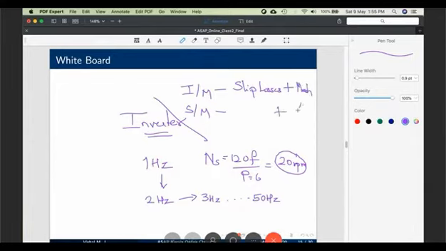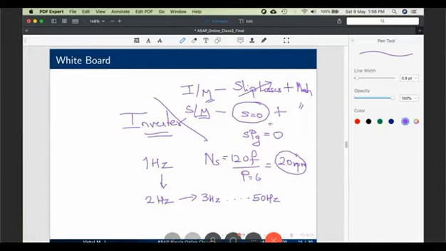You definitely have mechanical losses here, but there are no slip losses. Why? Because there is no slip at all. The synchronous machine's rotor, as well as the RMF, rotates at the same speed. So the slip is 0. Hence, s times the air gap power, s Pg, that is the slip loss, is 0 for a synchronous machine.